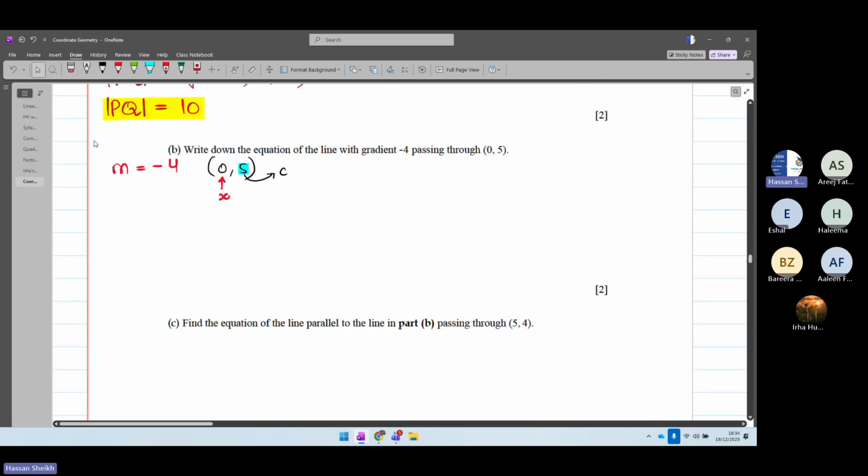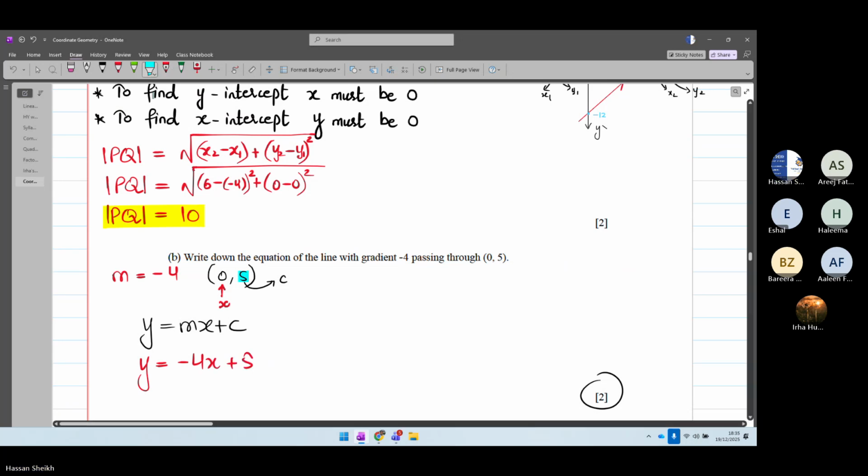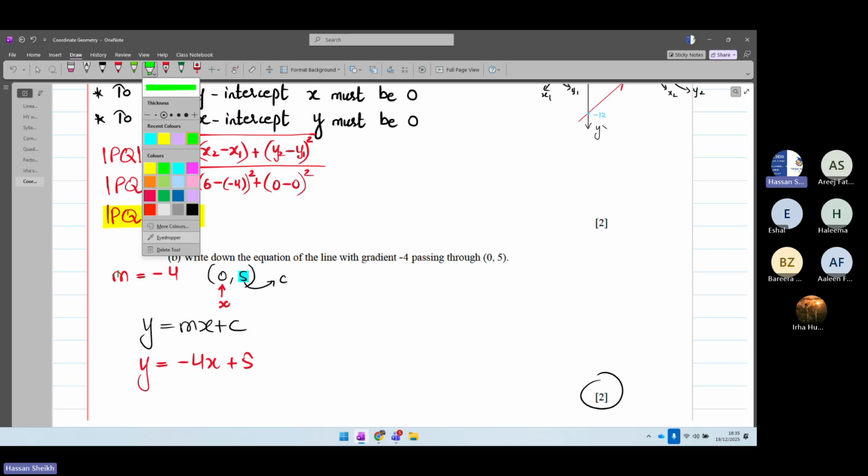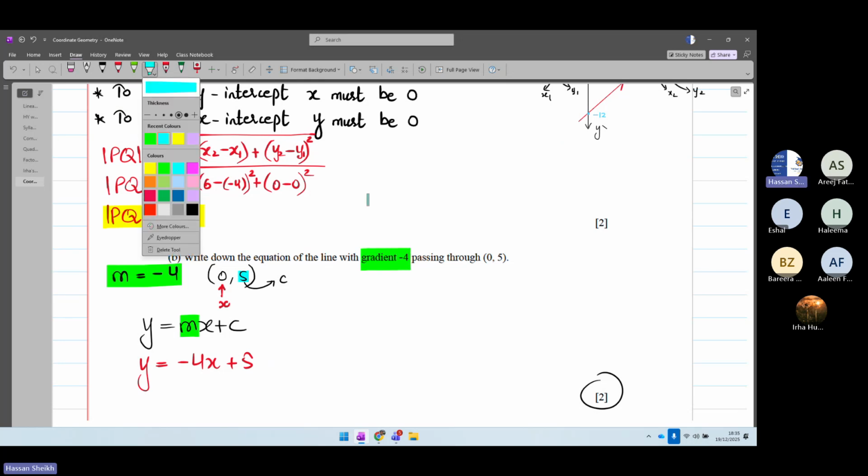So we have this coordinate where x is 0, then obviously the y point must be the y-intercept. That's why it is just a 2 mark question, because you don't need to do any effort here. Just simply substitute the value of the gradient and the c. Agree?